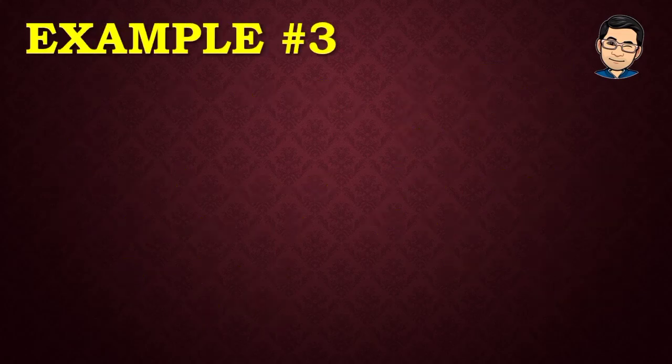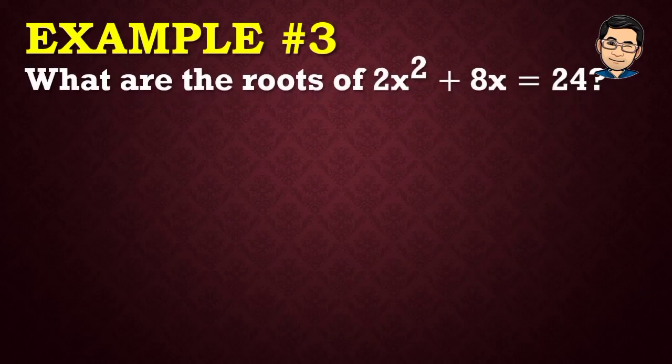So for example number 3, we have, what are the roots of 2x squared plus 8x equals 24? So ito yung sinasabi natin dun sa step 1. Kapag ang coefficient niya is other than 1, i-divide natin yung whole equation kung ano man yung numerical coefficient ng x squared. So 2x squared plus 8x equals 24.